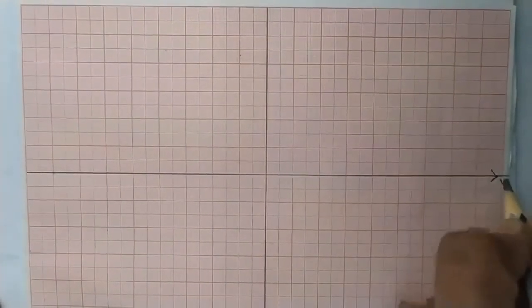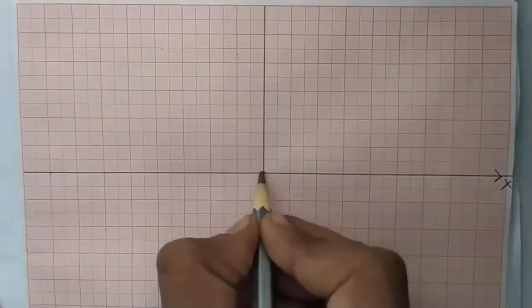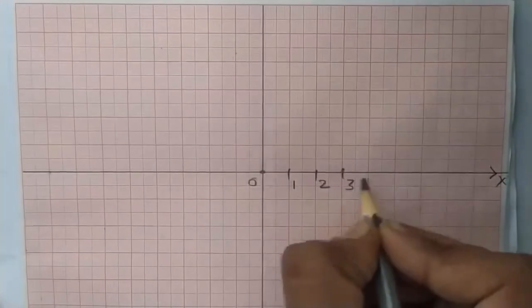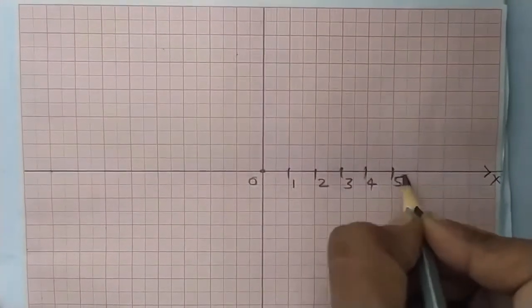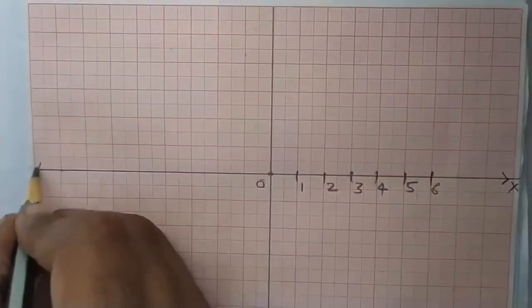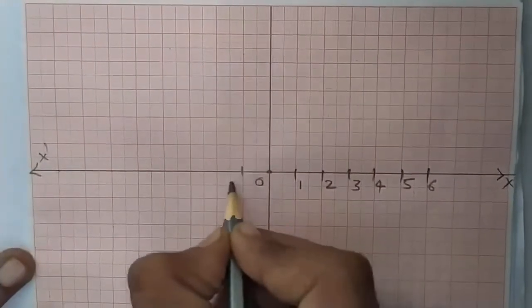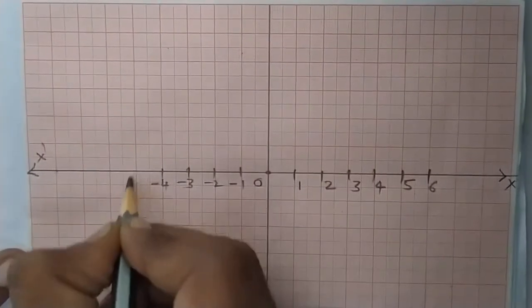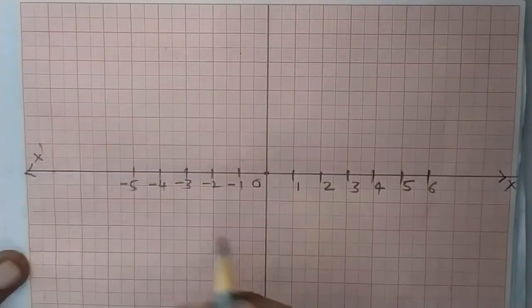You just see the table. Let us take the values on the positive x-axis. It is origin 0, 1, 2, 3, 4, 5, 6 and so on. Let us take the values on the negative x-axis: minus 1, minus 2, minus 3, minus 4, minus 5, minus 6 and so on.